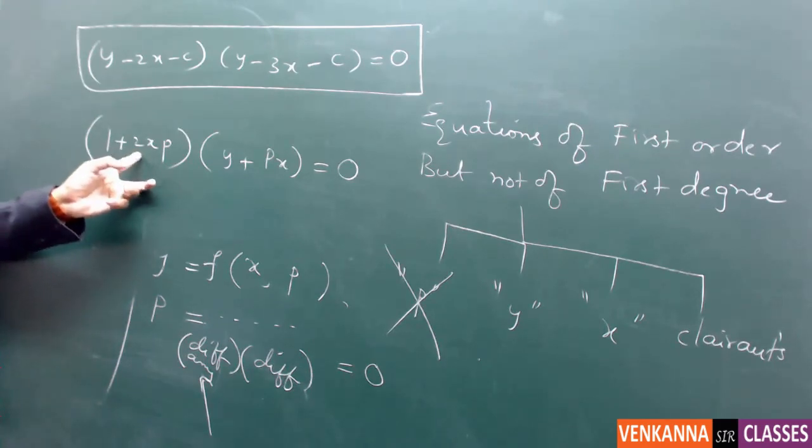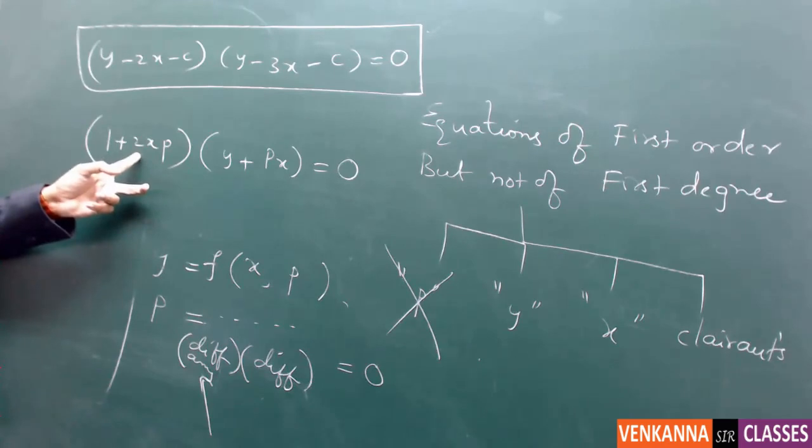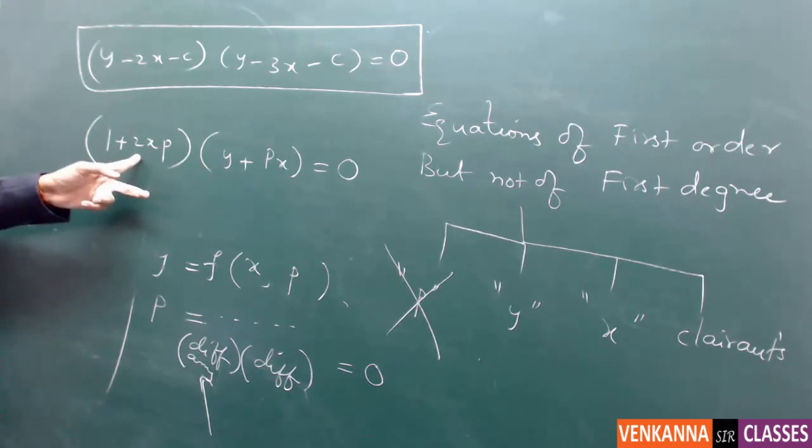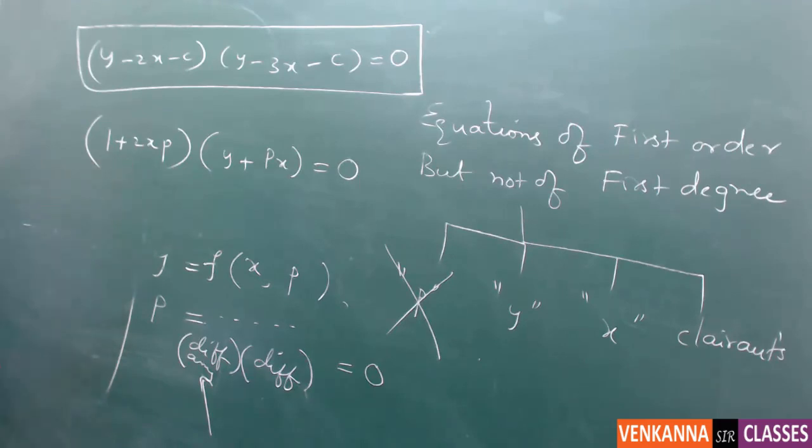Can you say? Right. Will that value contain any constant? No. So you have achieved the value of p straight away.